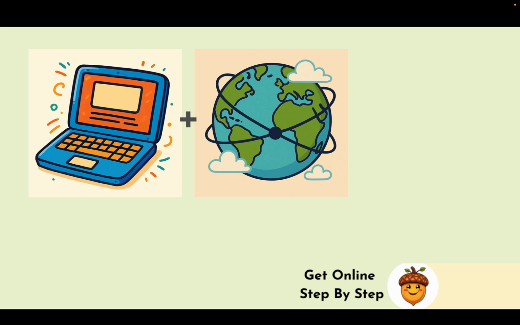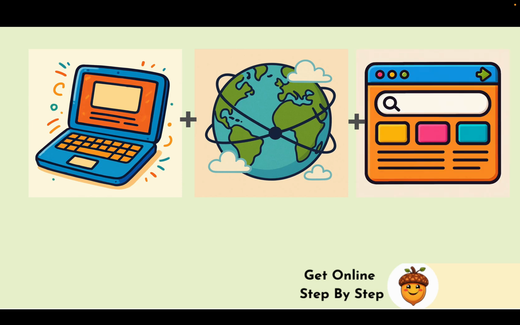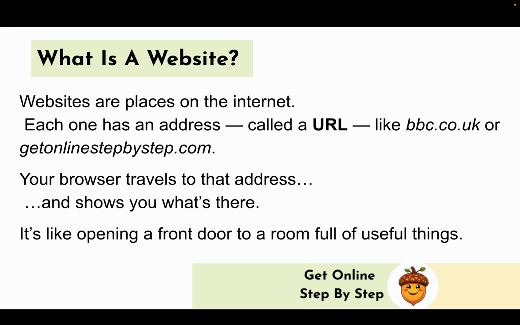This internet connection could be described as the road that your question travels on and the path that brings your answers back. We also need the browser. Your browser is the app that shows you the websites. Common ones include Chrome, Safari, Firefox and Microsoft Edge. They're like your digital postman, fetching the page and delivering it neatly to your screen.